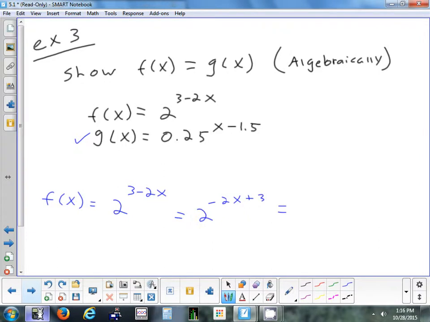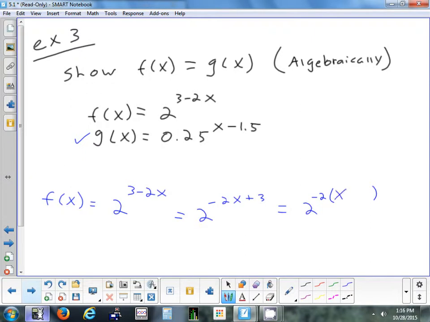Okay, now at least I have the same order as g of x. All right, next thing. What number do I have in front of x right now that I don't have in g of x? I've got a negative 2. So what I'm going to do is factor that out and see what it leaves me with. If I factor a negative 2 out of x, what's left there?